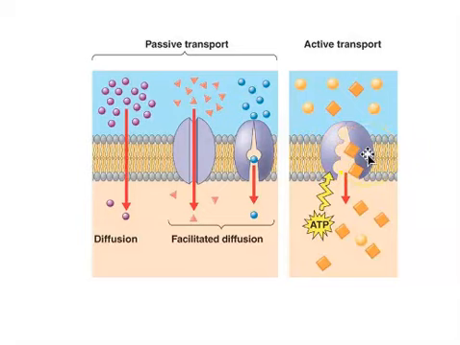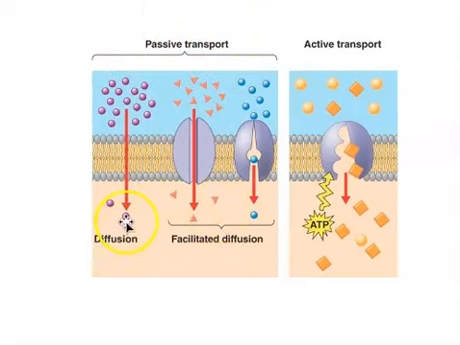Now, the last thing you'll notice in the drawing is that because we've called this active transport, and again, this is the mechanism that requires energy, the artist has noted that these two are passive transport. All that terminology means is that they don't require energy.